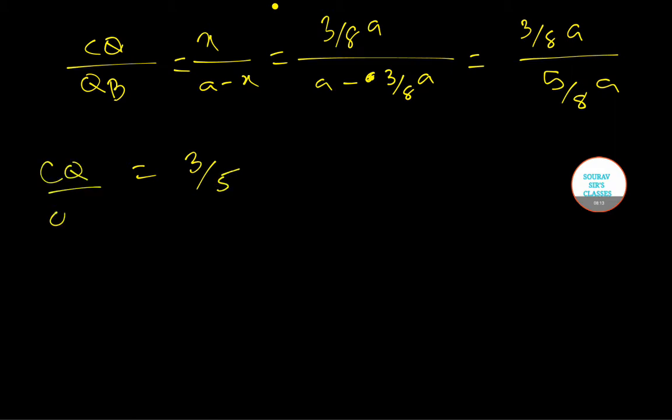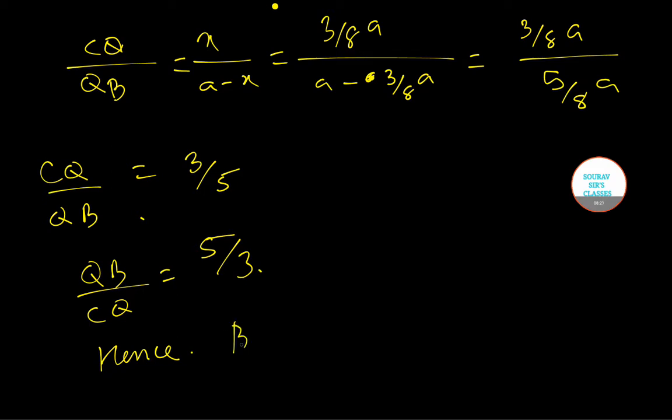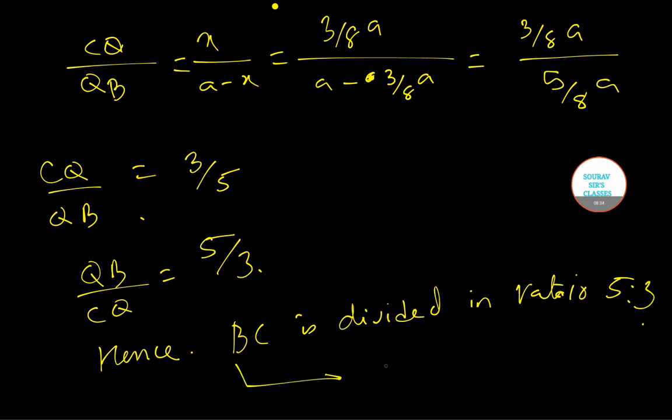CQ by QB equals to 3 by 5. So QB by CQ will be 5 by 3. Hence BC is divided in the ratio 5 by 3, 5:3. So we have successfully proved it. Thank you.